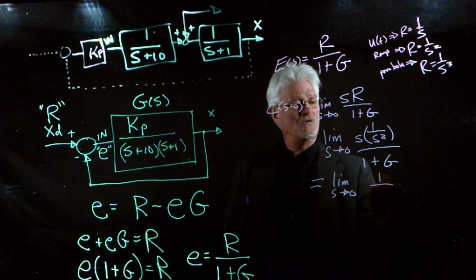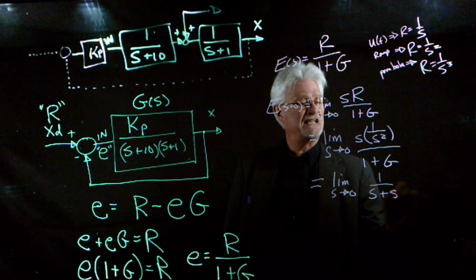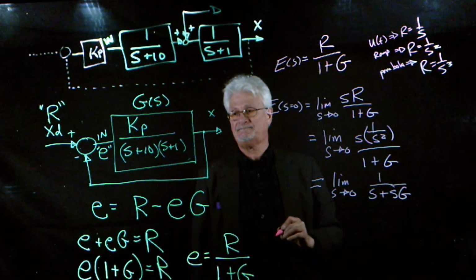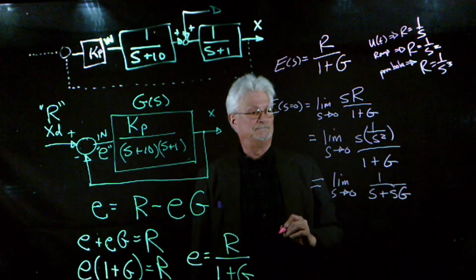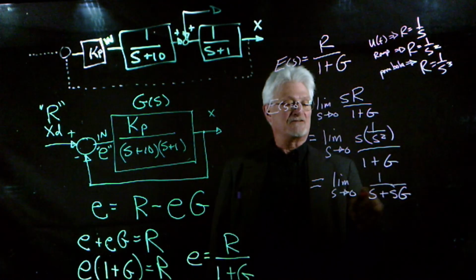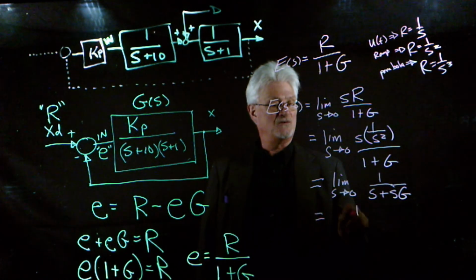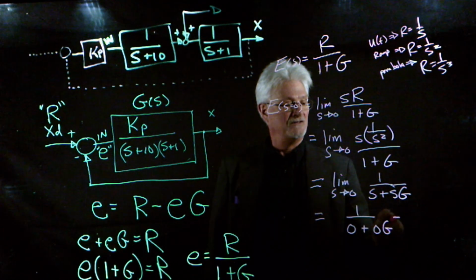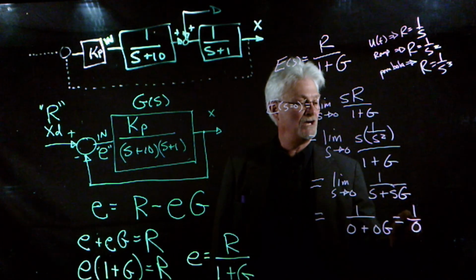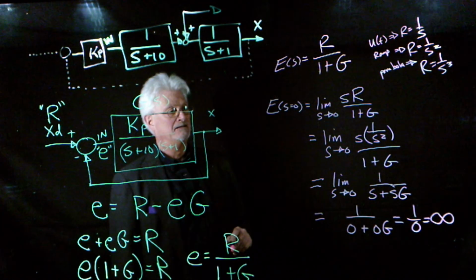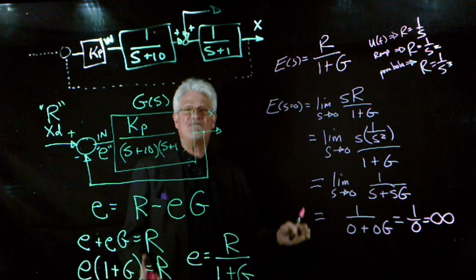This is going to be 1 over S plus SG, right? And so we know that when S equals 0, this is going to be 1 over 0 plus 0G, which is going to be 1 over 0, which means the steady state error is infinity.